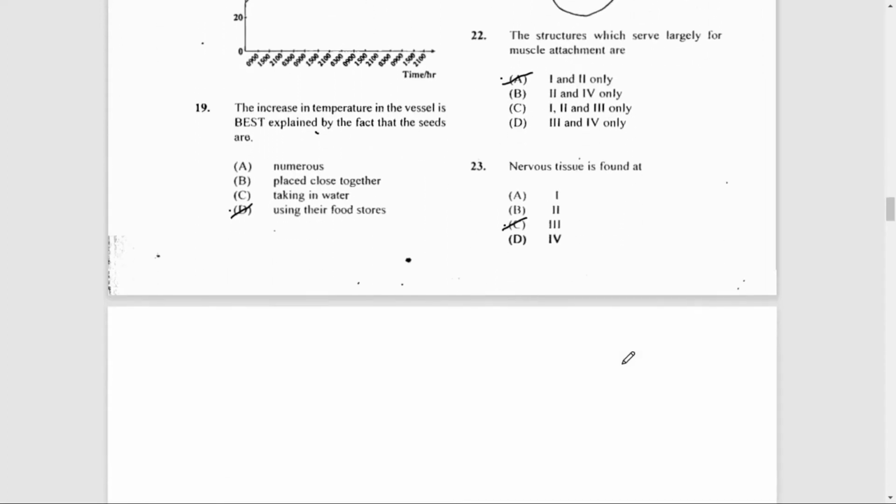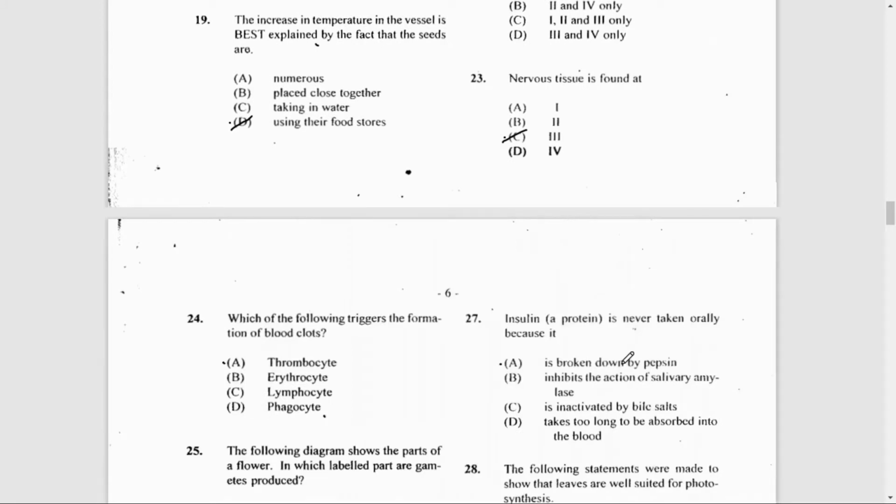Okay. Number 24. Which of the following triggers the formation of blood clots? This would be thrombocytes, which is the scientific name for blood platelets. Erythrocytes would be red blood cells, lymphocytes and phagocytes are white blood cells.